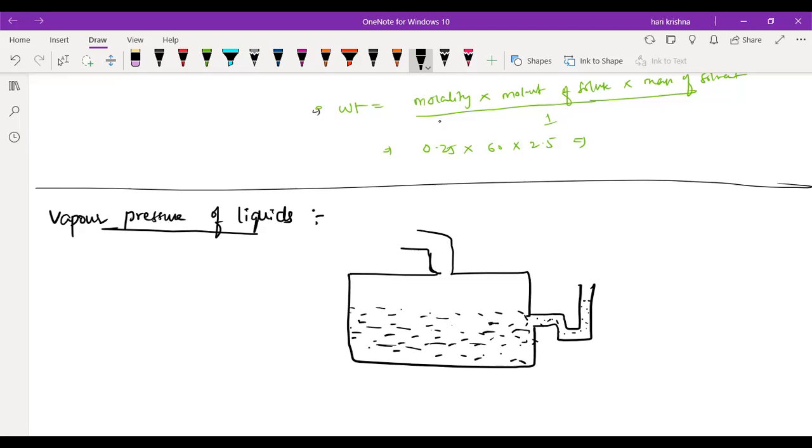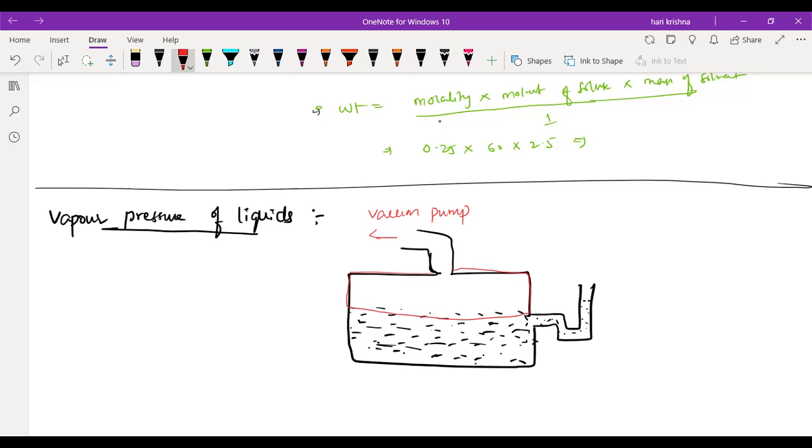Suppose you have taken one closed container initially, and we have removed whatever air is present inside the container with the help of a vacuum pump, because this is an empty space. Initially, if you don't fill anything, air will occupy it. So now we have removed that air completely from the closed container.